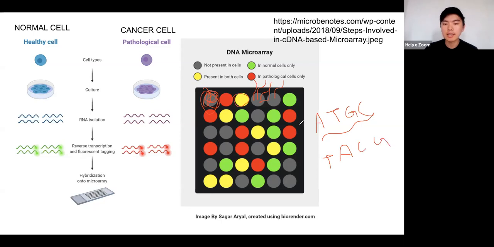So the idea is that in each of these 20,000, 23,000 wells, there's a different DNA strand with a different sequence. This one might be ATGC, TGG, this one might be TTTGCA. And the idea is that each of these wells contains the DNA sequence that is the opposite of the RNA sequence of a gene.